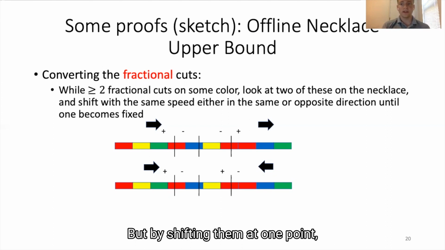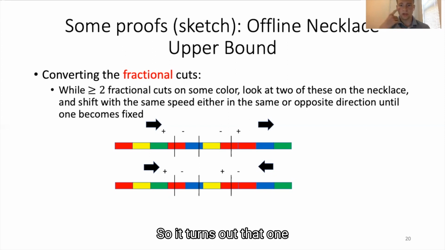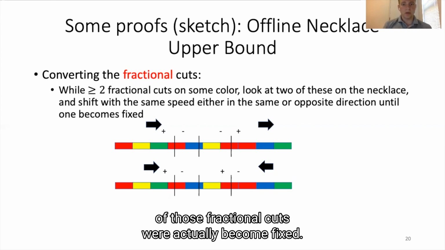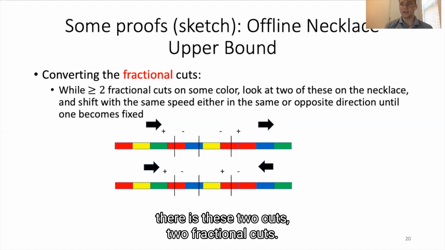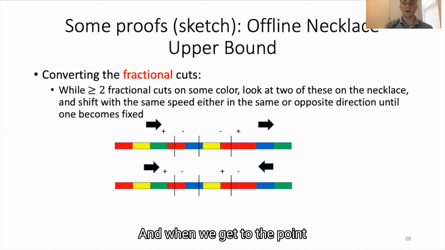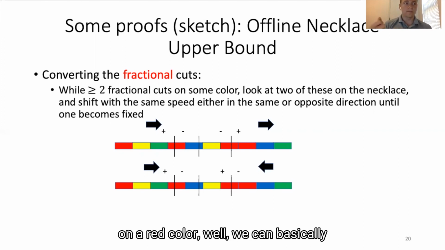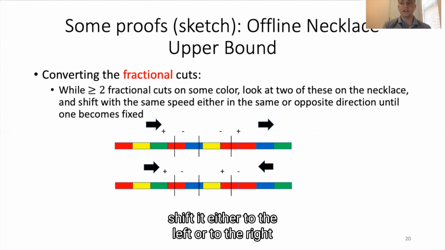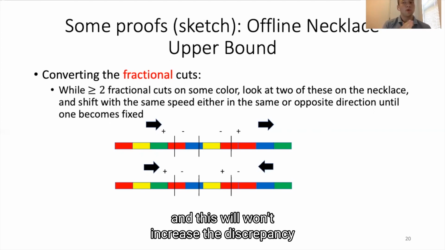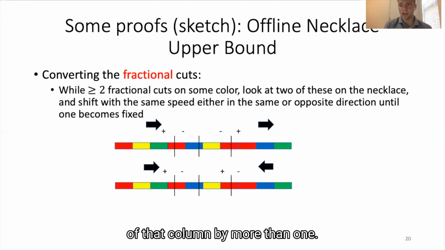But by shifting them, at one point, one of them will become fixed. So it turns out that one of those fractional cuts will actually become fixed, so we can eliminate a cut like that every time there's at least 2 fractional cuts. And after, when we get to the point when we have only one fractional cut standing on the red color, well, we can basically shift it either to the left or to the right, and this won't increase the discrepancy of that color by more than 1.